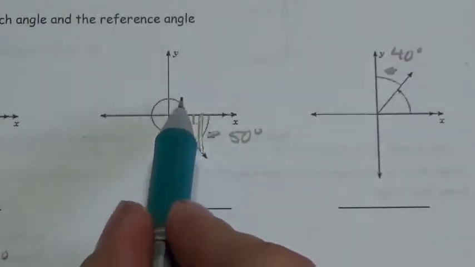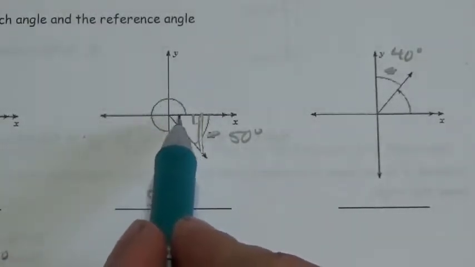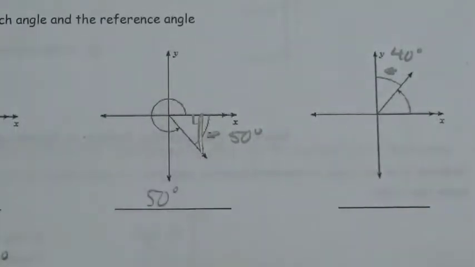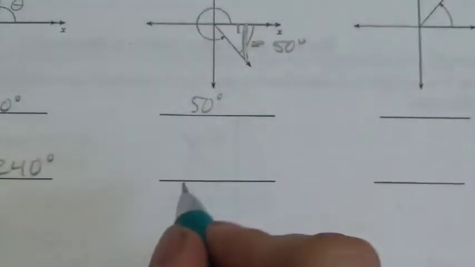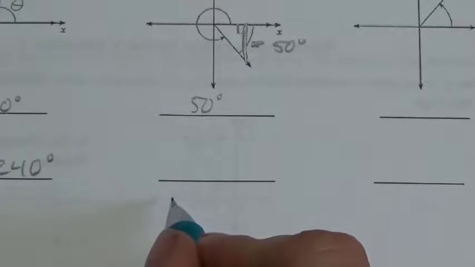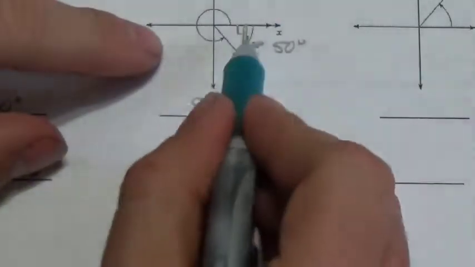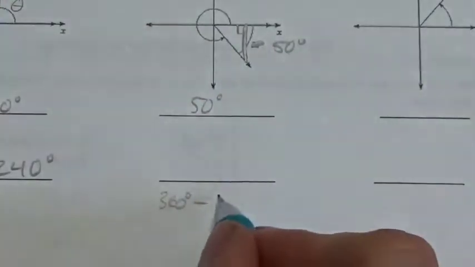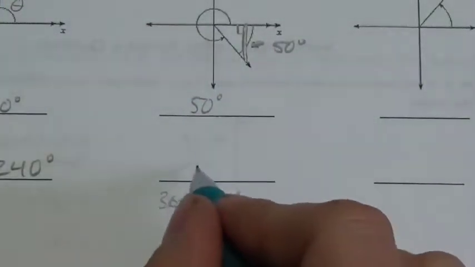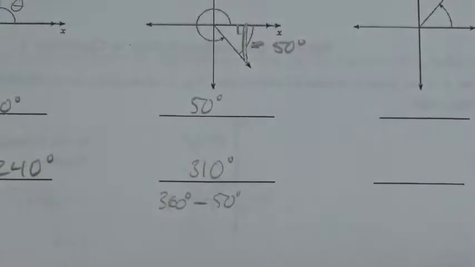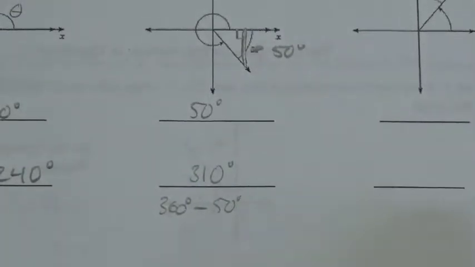So the relationship between the rotation angle and that triangle is that together they should complete the full circle, which means the rotation angle we're looking for is 360 degrees less 50. We went all the way around to the x-axis, but then dropped backwards 50 degrees. So the answer is 310 degrees. That's the angle that we're trying to study here.